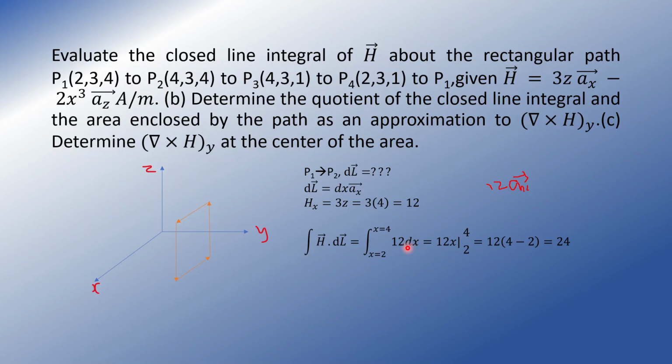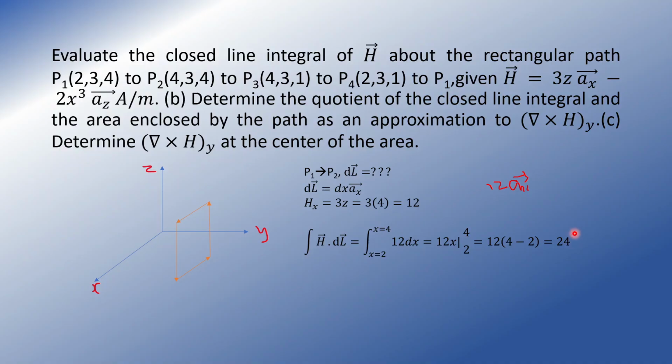From where to where? We are finding the integral from P1 to P2. At P1, x is 2 and at P2, x is 4. So the limits of the integral will be 2 to 4 as shown. The integration of 12 dx with respect to x will be 12x with the limits substituted. This is the solution. So for the path P1 to P2, the line integral of H dot dl, which is equal to I, is 24.